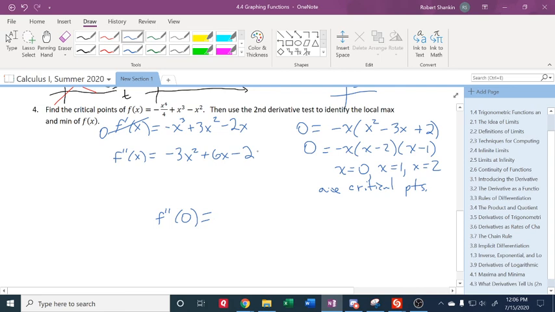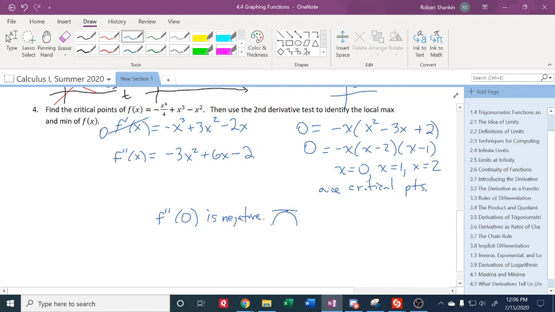So, let's say, it is negative. The 2 doesn't matter, the sign of it is what matters, that it's negative. What does that mean? That means it's concave down in that region. It's a critical point, meaning it's got a horizontal tangent line.